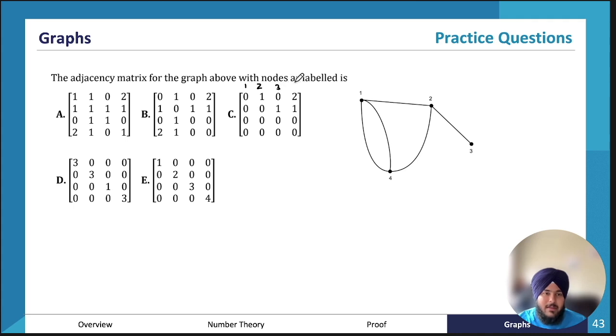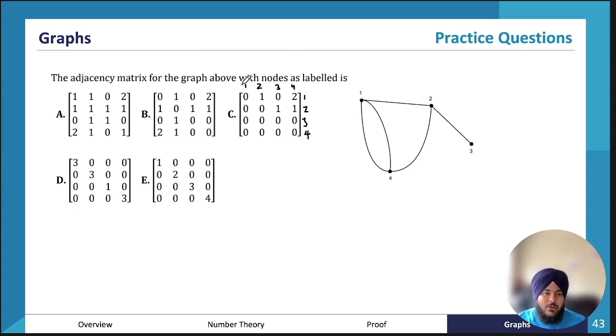They haven't labeled it for us, so I'm just going to label it so everyone knows what's going on. So we have 1, 2, 3, and 4.